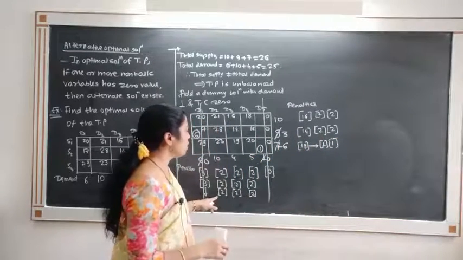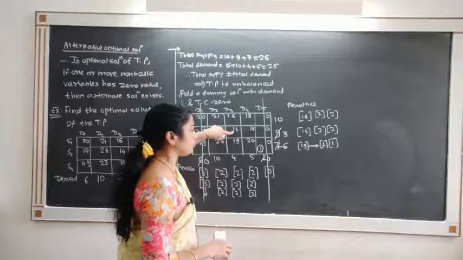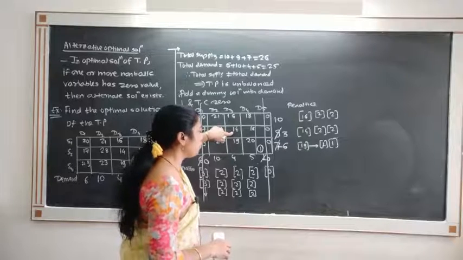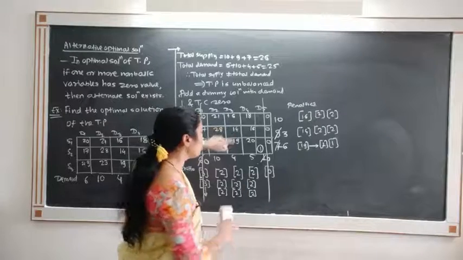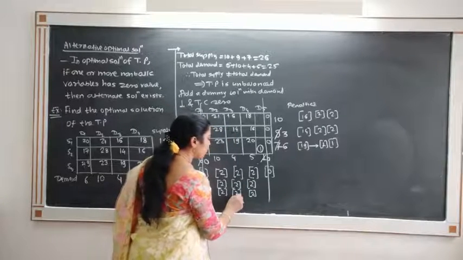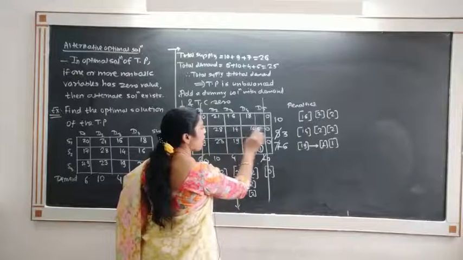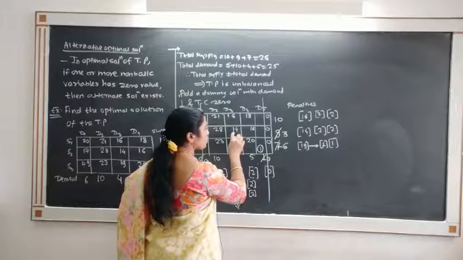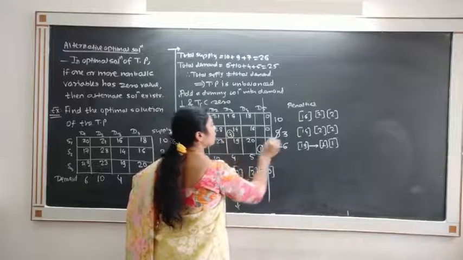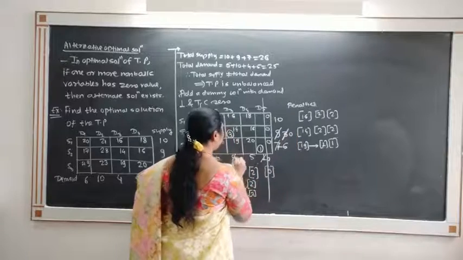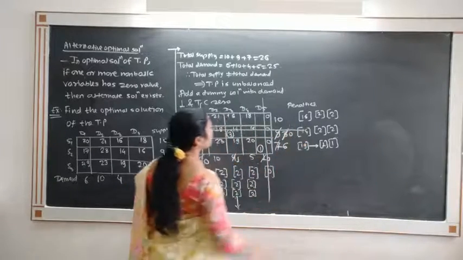In these 2, see the smallest cost. Smallest cost is 14. So, to this 14, we allocate as much as possible, that is minimum of 3 and 4. So 3 becomes 0, 4 remains 1, and the row is crossed out with supply 0.